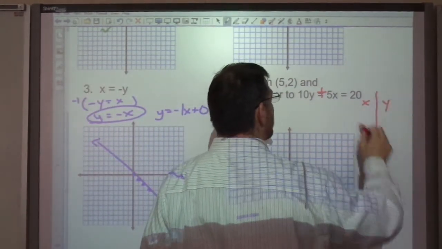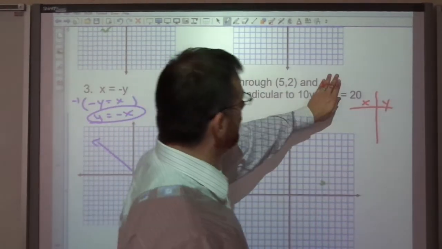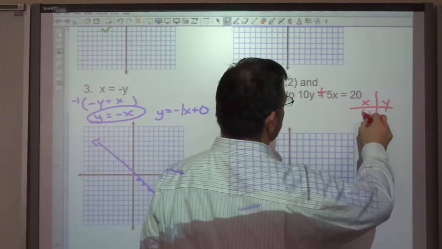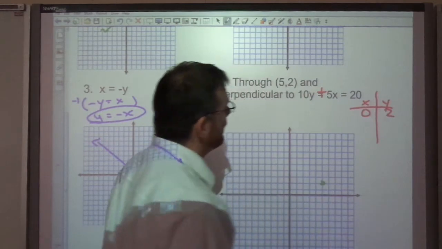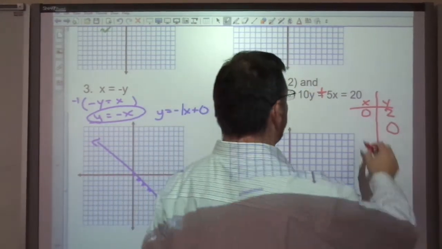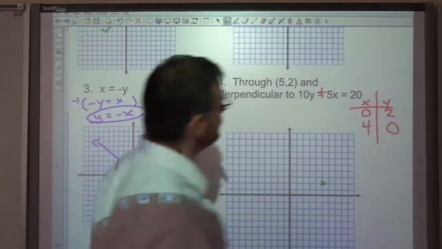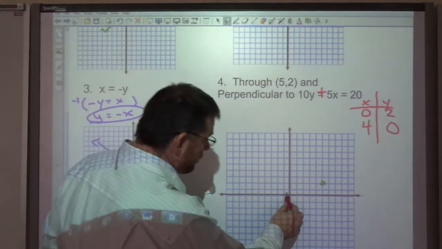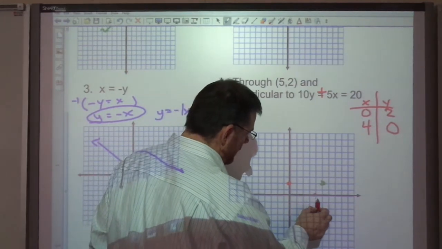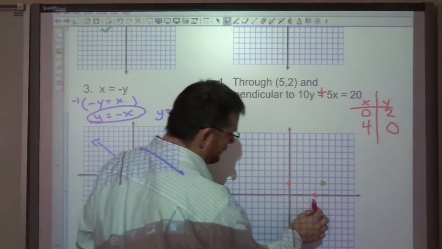X and y intercepts. When x is 0, y is 2. And when y is 0, x is 4. So I know that gives me the points 0, 2 and 4, 0. So here's this line that's doing this.